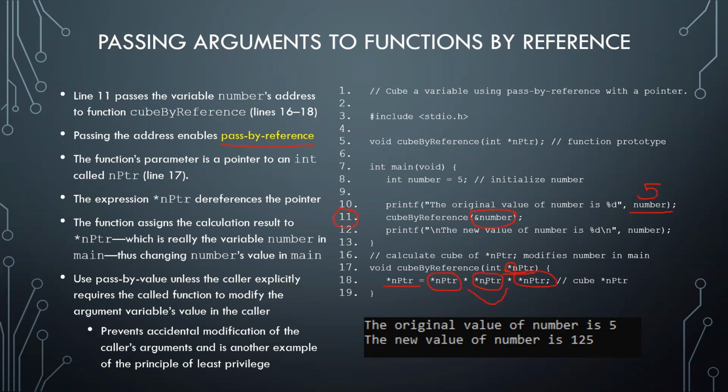The ones with the variable name are the dereferencing. So I get 5 times 5 times 5, which is 125. Well, the new value when I print it up here on 12 is now going to be 125 because I manipulated the actual memory location, so it manipulated the actual variable.